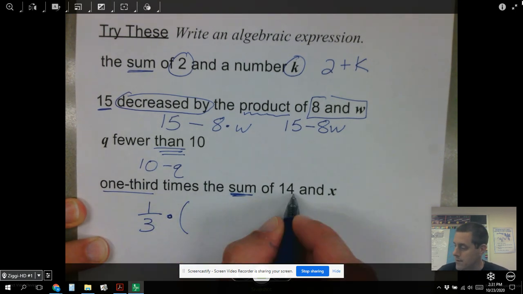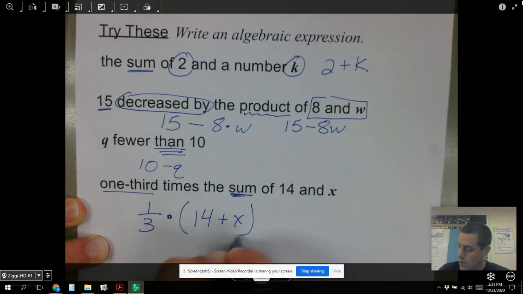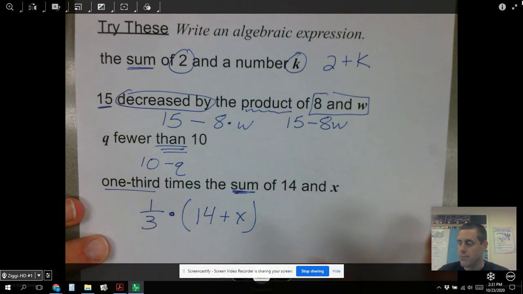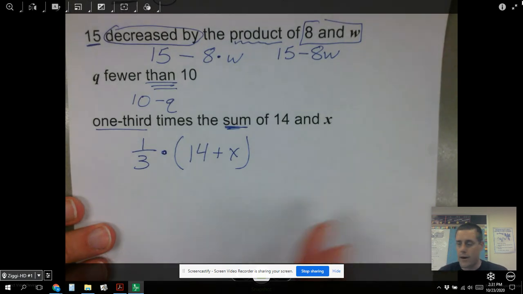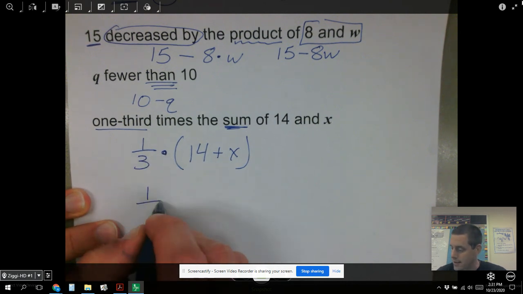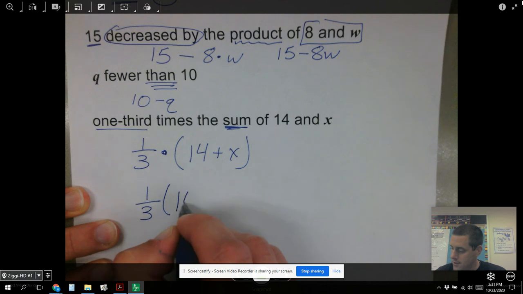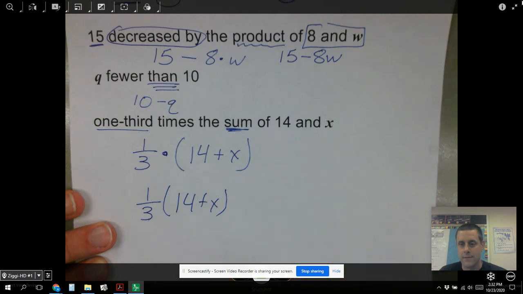So we want the sum, we're adding 14 and x. 1/3 times the quantity of 14 plus x. A better way to format this, we can actually show this multiplication by having the 1/3 touch the outside of those grouping symbols. So both are correct, 1/3 times the quantity 14 plus x.